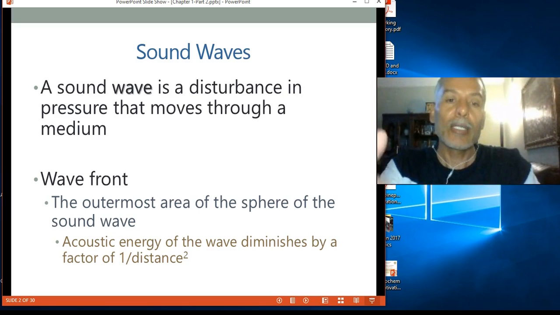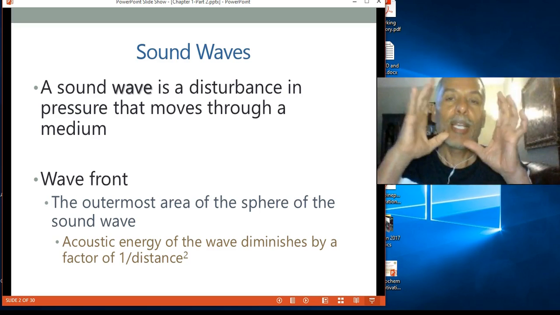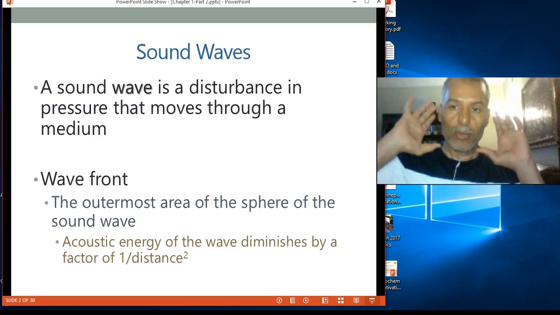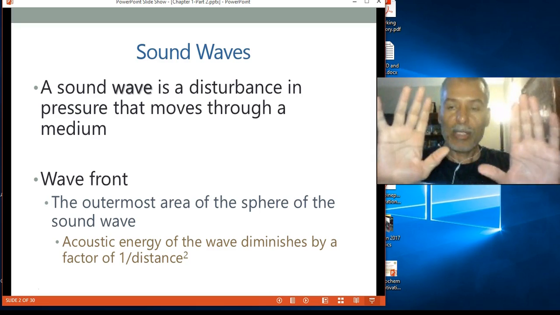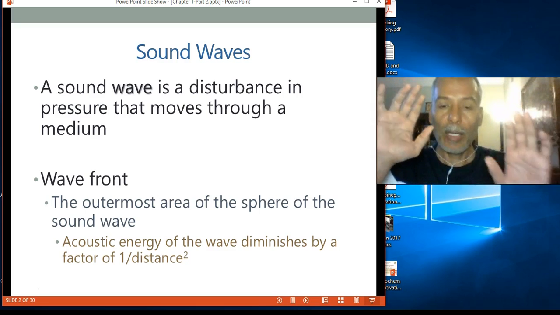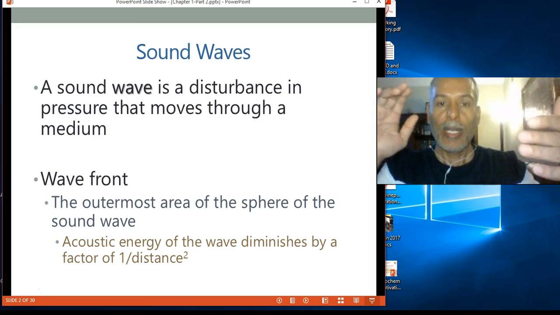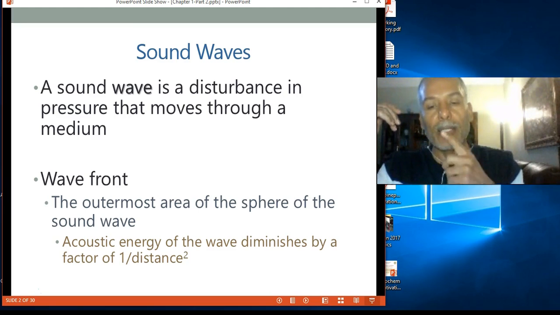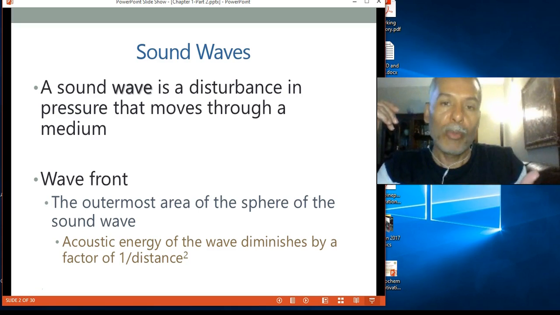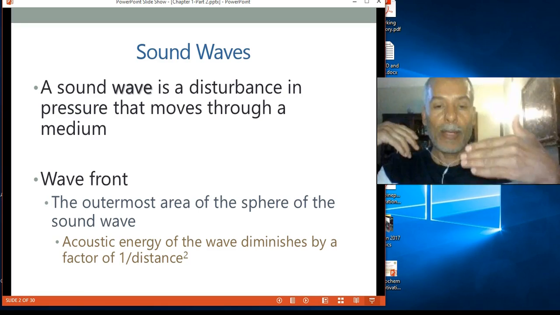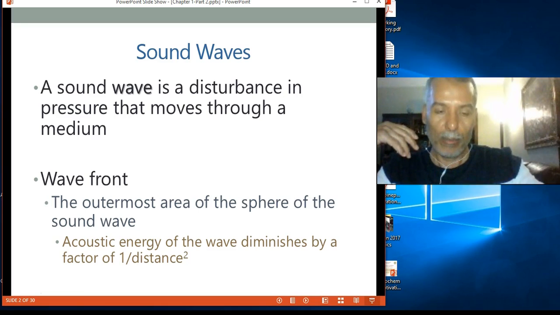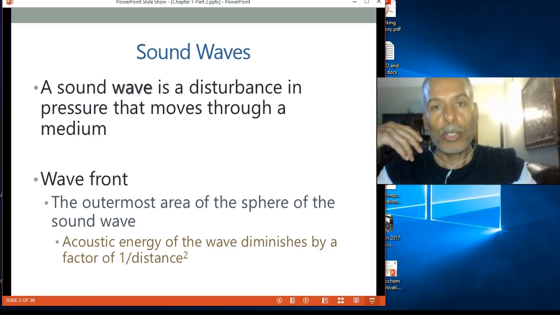The same applies to a sound wave. When you make the sound, air molecules are going to be displaced. They will be pushed away from you, and they will travel and travel until, as they travel, they diminish in energy. And this is why, if you are closer to me, you are going to hear the sound as louder. And the next person, like 2 feet behind you, will hear my voice as softer.